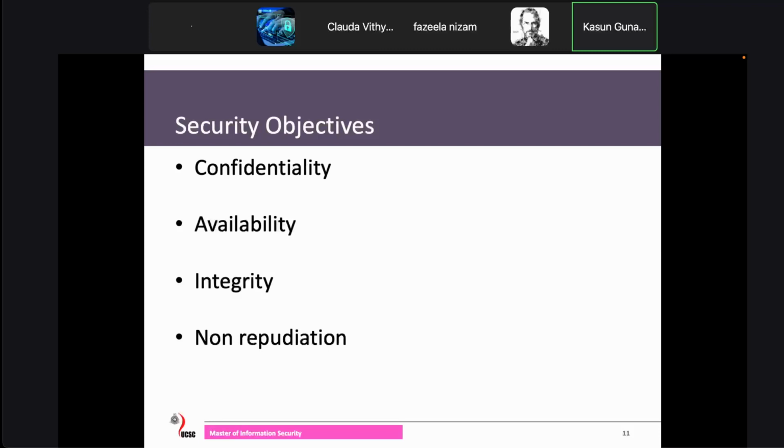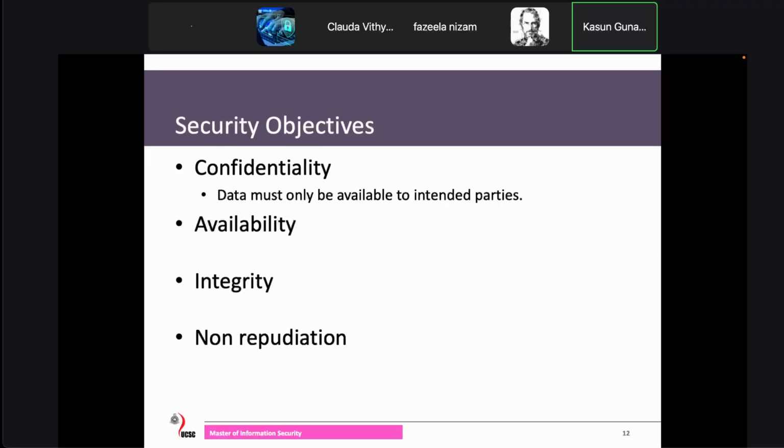So when it comes to a data environment, what confidentiality means is that data must only be available to intended parties. Non-intended parties should not access the data.